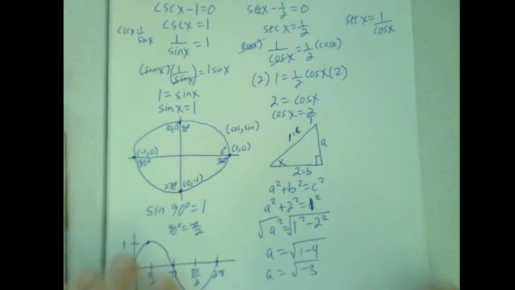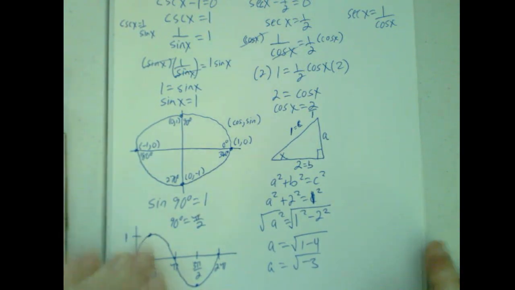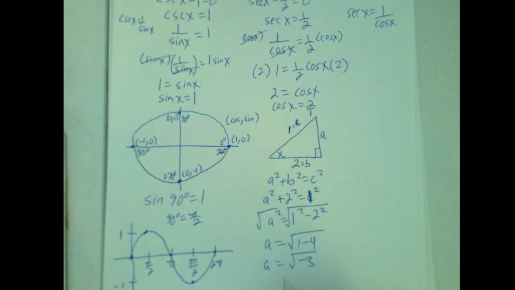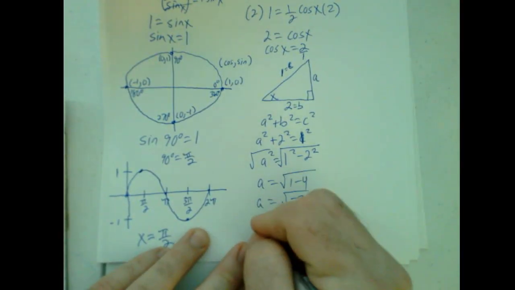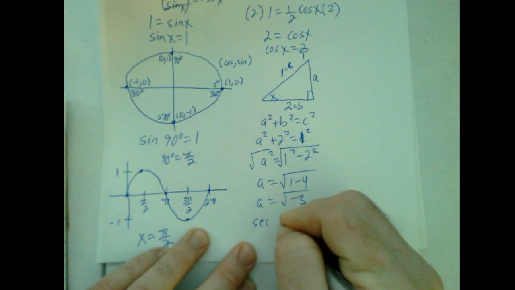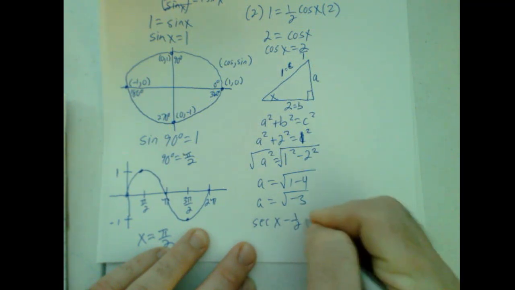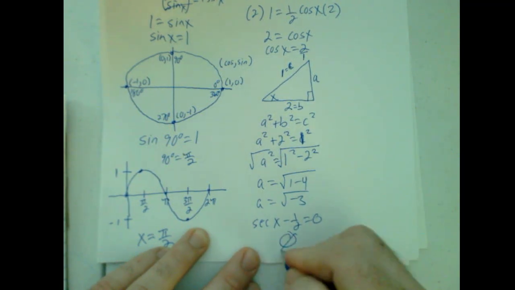So basically what happens is secant x minus 1/2 equals 0 is undefined.